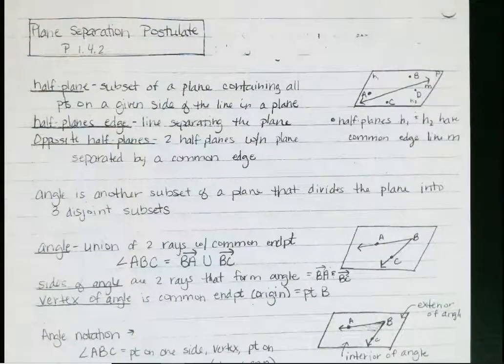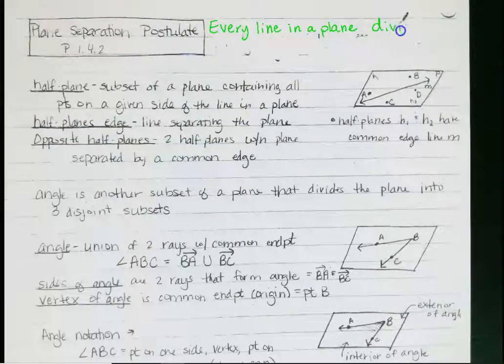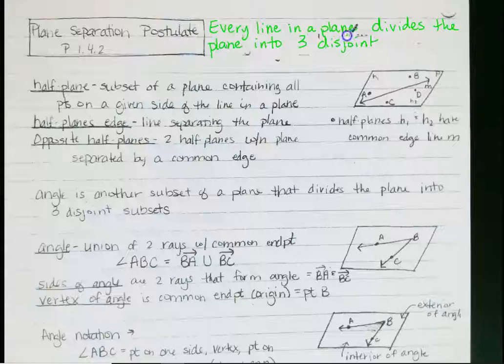The plane separation postulate says every line in a plane divides the plane into, I think maybe you might have gotten 3 disjoint sets.